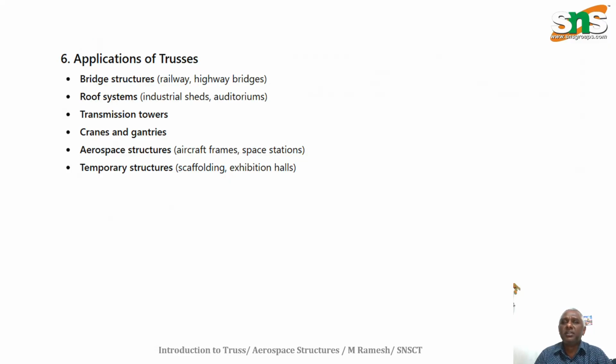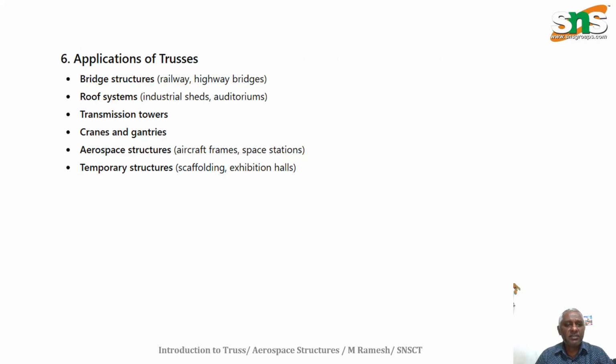We can also see them in transformers as well as cranes, where a number of triangular elements come into the picture. As well as aerospace structures, aircraft frames, space stations and fuselages, which take a number of truss-type structures. Finally, temporary structures such as exhibition halls can use them.